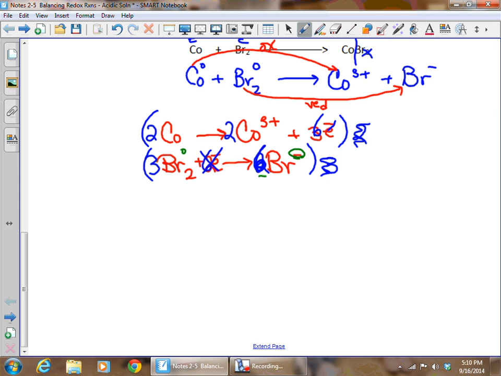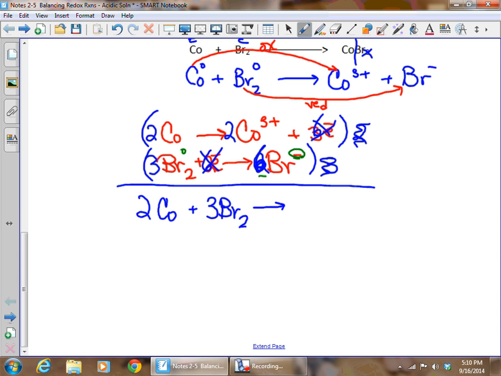So now the electrons cancel, and overall I'm left with 2 cobalts plus 3 bromine diatomic molecules, if you will, and that's going to yield 2, almost made that a capital O, that would be bad, 2 Co3+ plus 6 Br minuses.